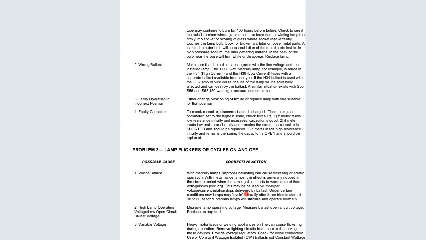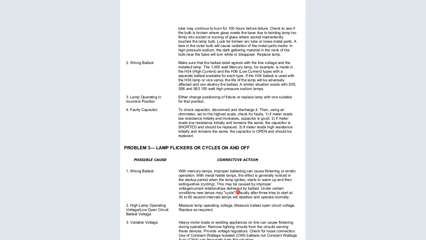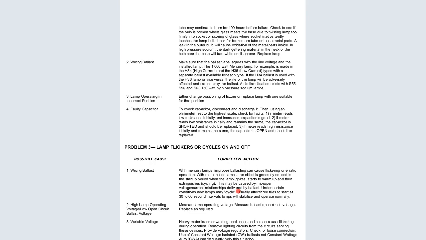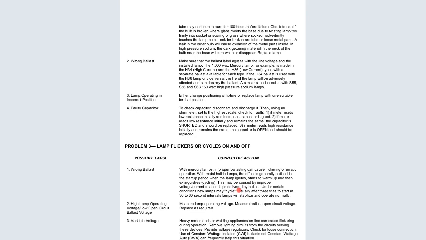If air enters the outer bulb, the arc tube may continue to burn for like 100 hours before the failure. So check to see if the bulb is broken where the glass meets the base due to twisting the lamp too firmly into the socket, or to the sourcing of glass.